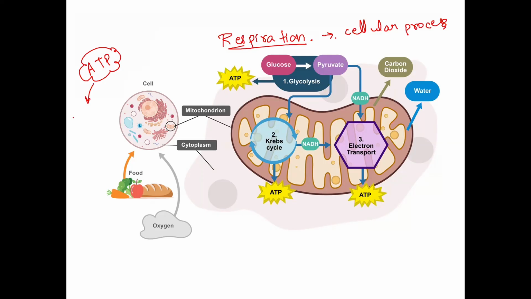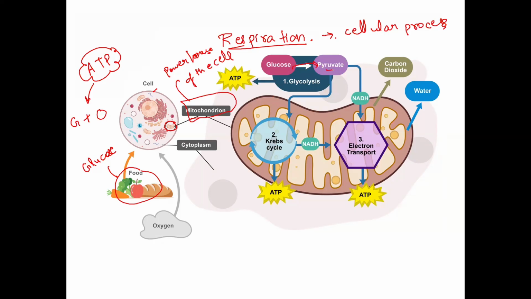So glucose plus oxygen gives us what? ATP. So it's a cell, right? This is food. We digest the food, we get glucose. Inside the cell, there is an organelle called the mitochondria, which is the powerhouse of the cell. In the mitochondria, several steps take place, such as glucose first being converted into pyruvate.